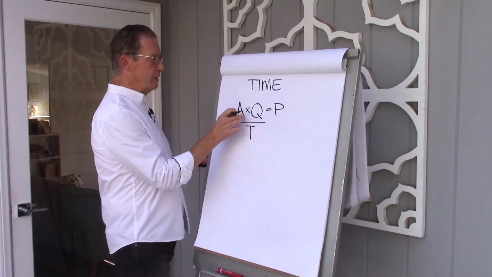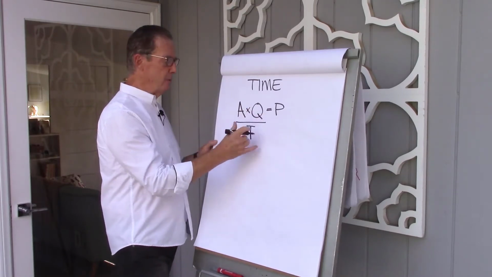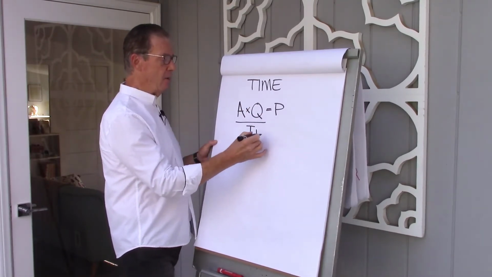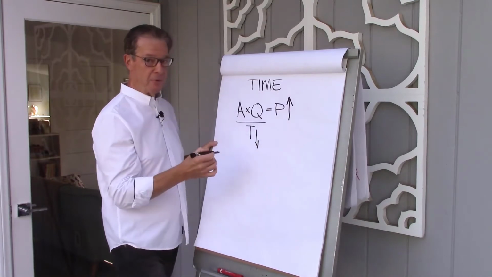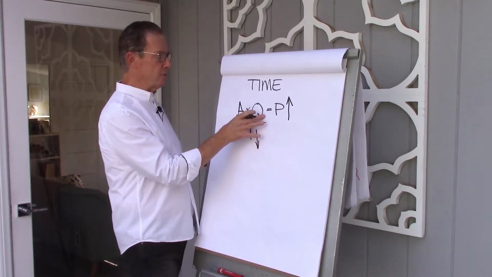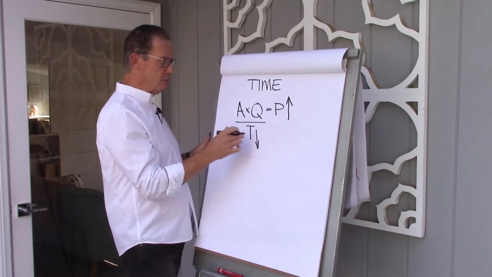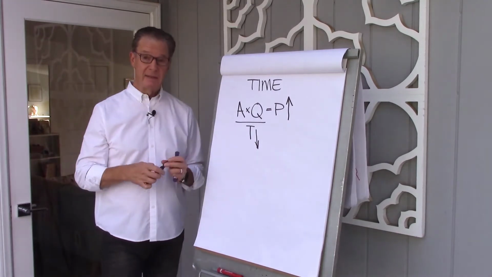So activity and the quality of the activity are really about effectiveness, but if you can drive time down, that will be a positive lever on productivity. Here, we're really talking about efficiency. So here's effectiveness, here's efficiency, and the time we're talking about here is selling time.